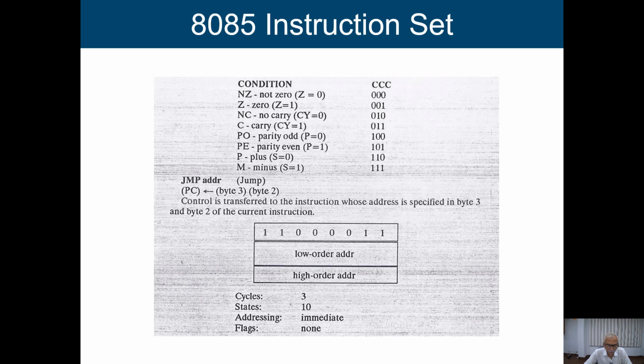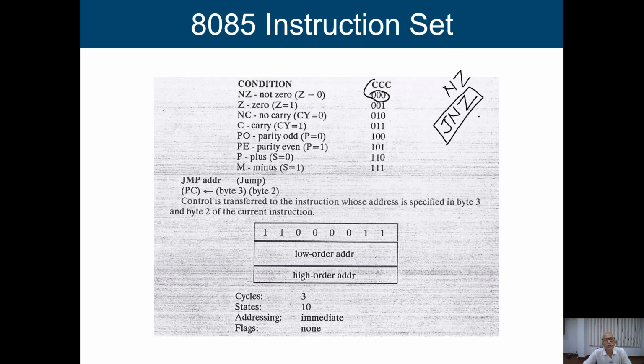So these are the flag bits, and those flag bits will be used to design some instructions. So this is NZ, not zero. This is the code. If the condition code is 0 0, then we say this is basically NZ. So if I say JNZ, jump on not zero, it may be an instruction.